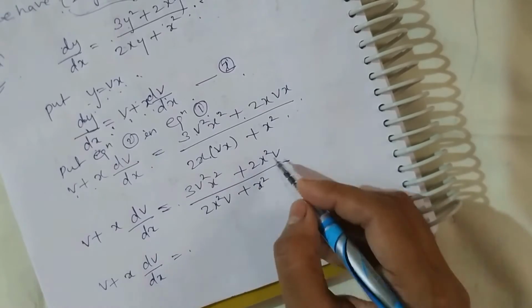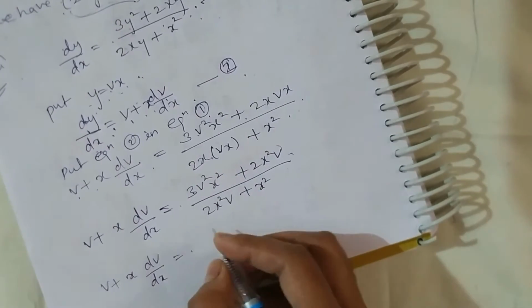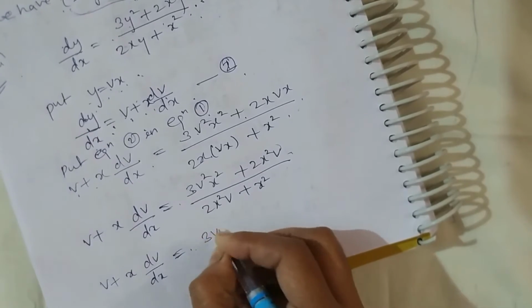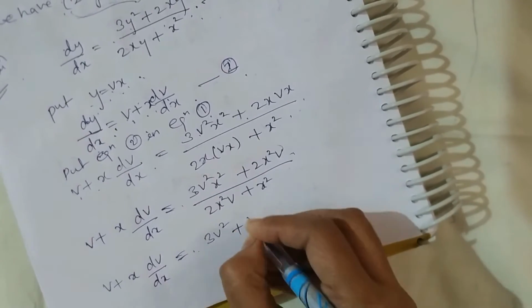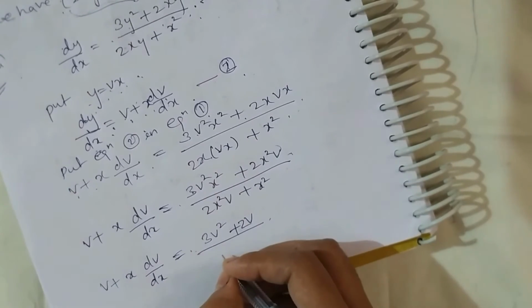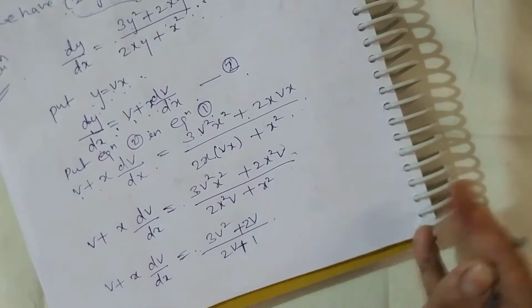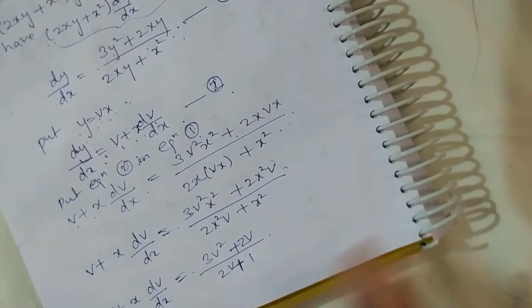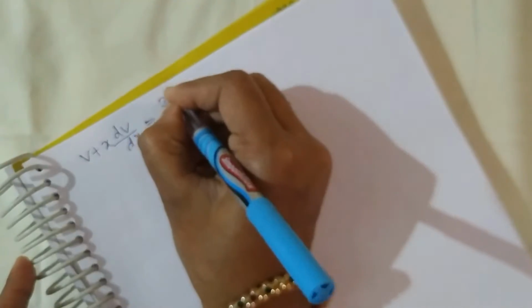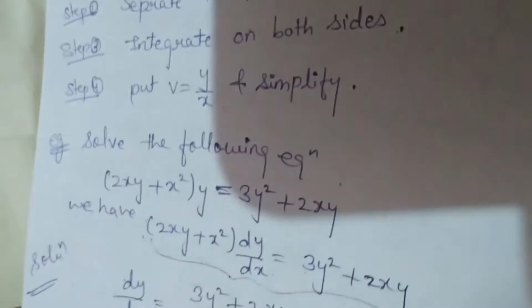We take x here, in this term we can take x square as common and cancelled. Therefore, the remaining term we get is 3v square plus v 2v upon 2v plus 1. Therefore, we have v plus x dv by dx is equals to 3v square plus 2v upon 2v plus 1.